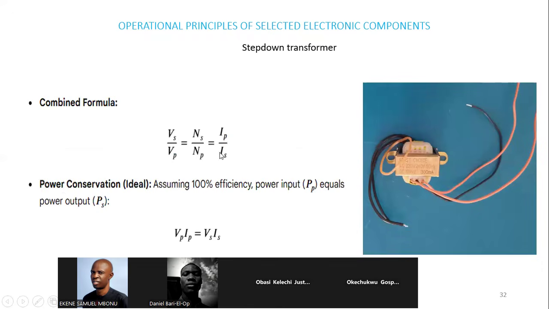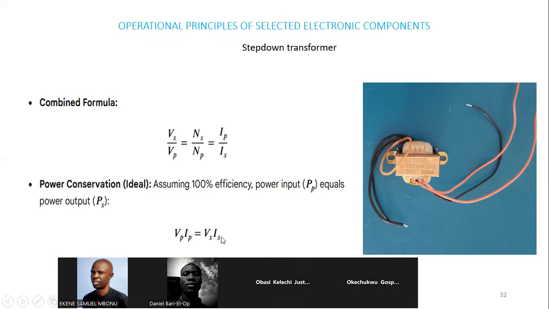Now, when you combine the two formulas, you get that Vs upon Vp is equal to Ns upon Np is equal to Ip upon Is. Power conservation: the efficiency of a transformer in this situation is 1. That is, efficiency is 100% because power, which is defined as IV, is Vp Ip equals Vs Is.